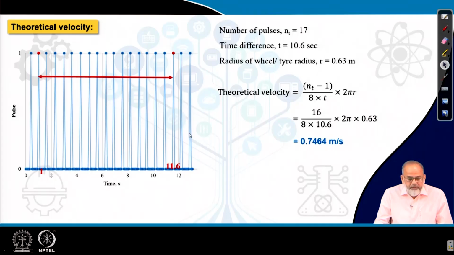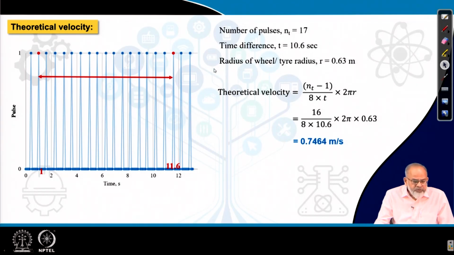For measuring theoretical velocity, we have utilized a proximity switch, and there are 8 spikes fixed to a plate which is attached to a shaft. When there is a complete revolution of that shaft, you will have 8 spikes, because the proximity switch is going to sense those spikes and give a signal in the form of spikes.